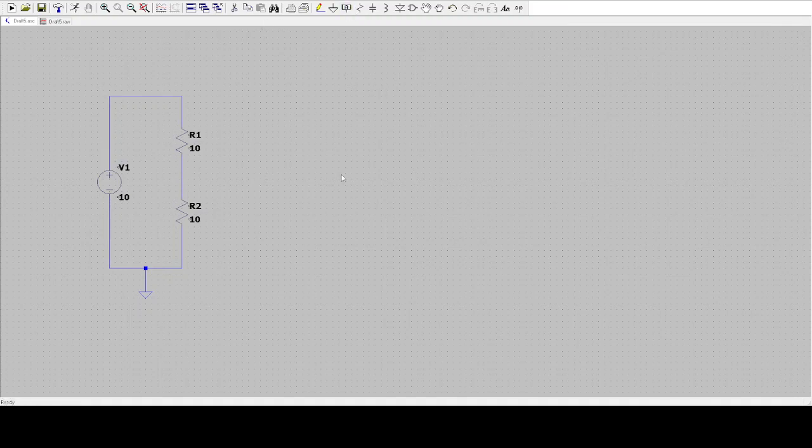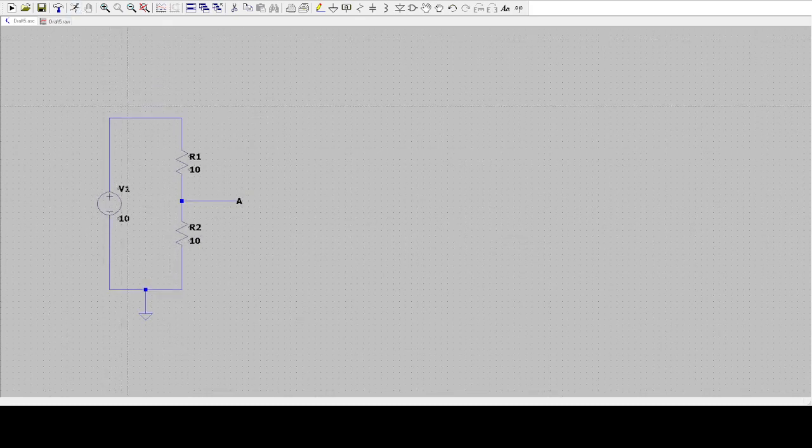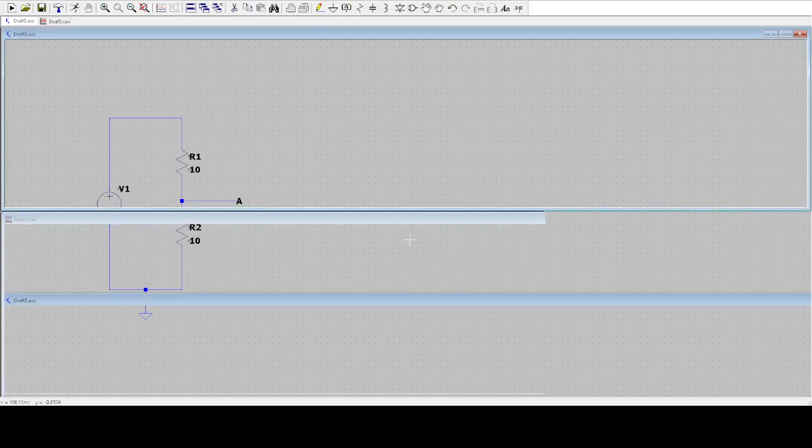In that state, let's put a reference point called A. Let's connect it with the wire and simulate. So here we simulate transient as 1.